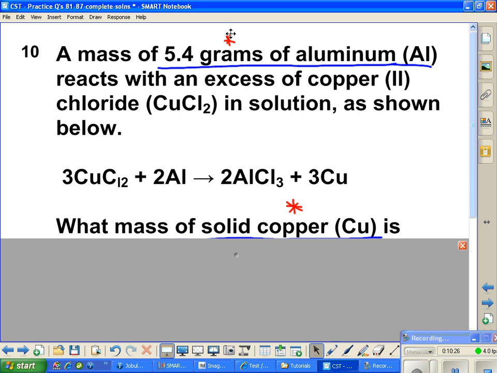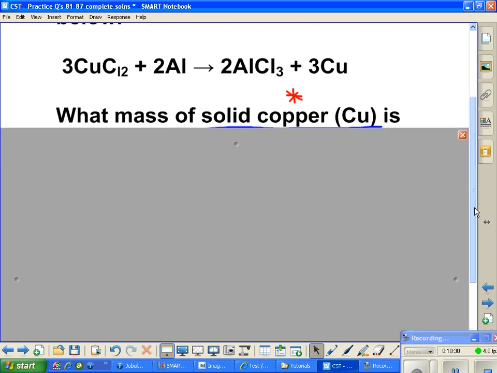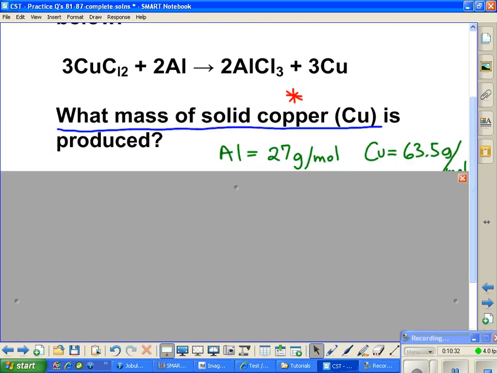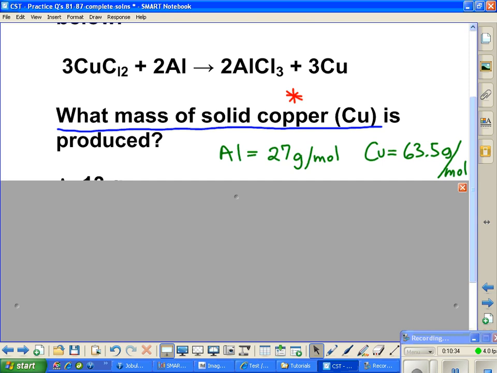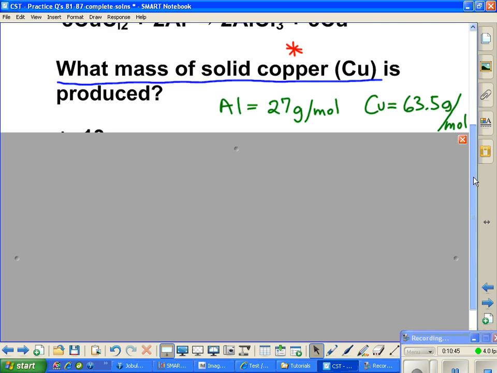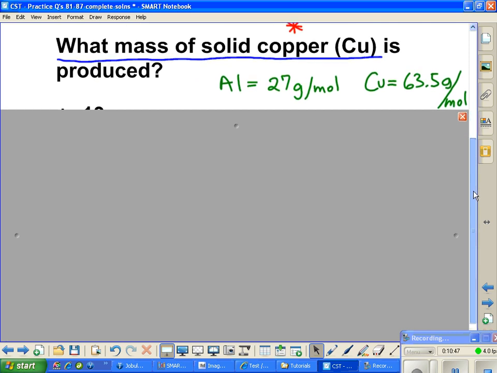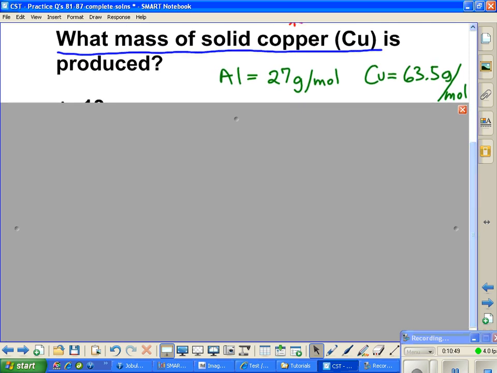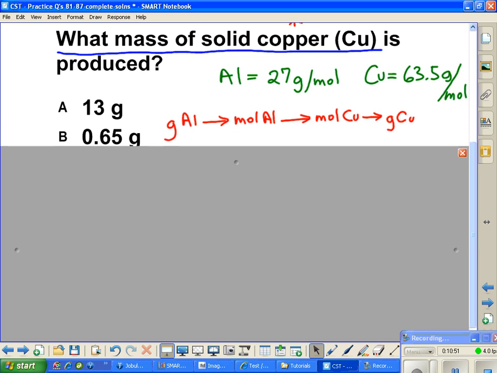So, first off, let's go ahead and find out what our molar masses are for copper and aluminum. We go to the periodic chart for that. And since we're just doing elements here, we don't have to add anything up. It's just the number off the periodic chart, which tells us how many grams there are in every mole of those elements.